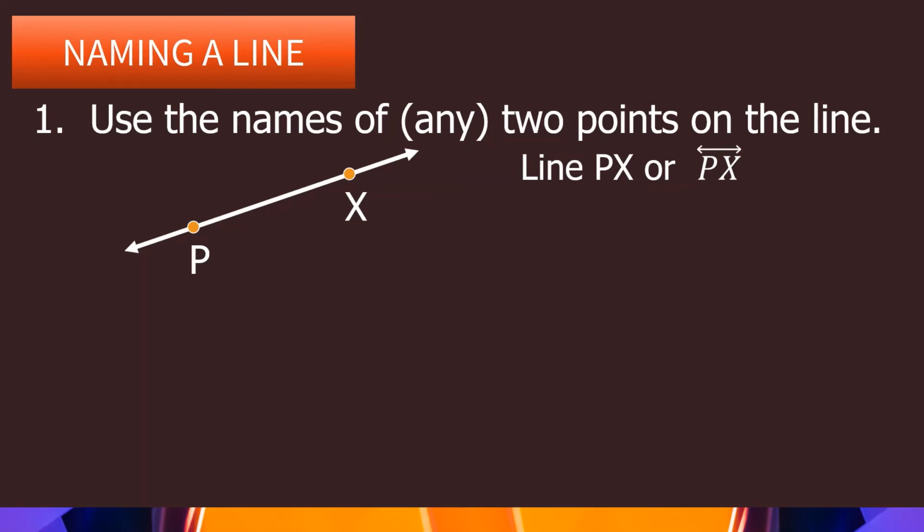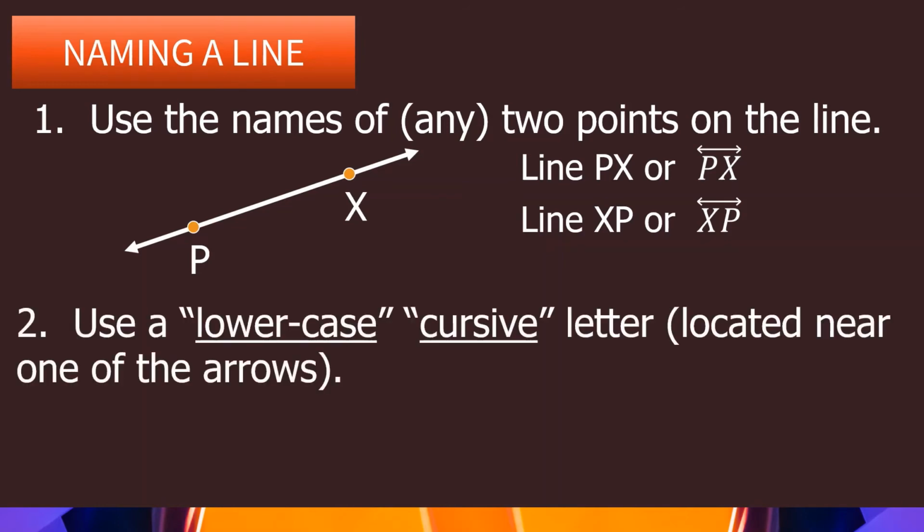Or we can also name the line as line XP with the given symbol. Another way of naming a line is by using a lowercase cursive letter which is located near one of the arrows. For example, we have this lowercase cursive letter m. So we can name the line as line m.